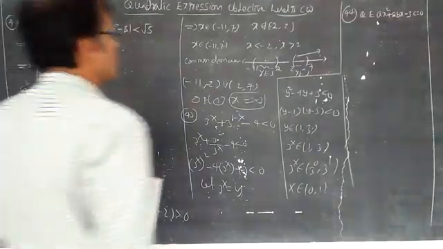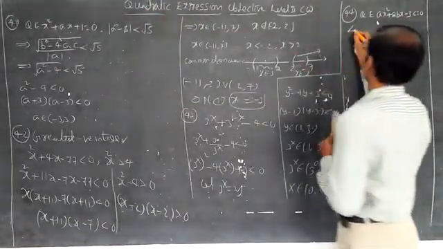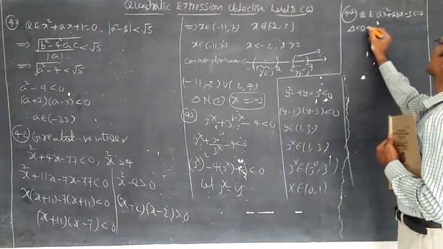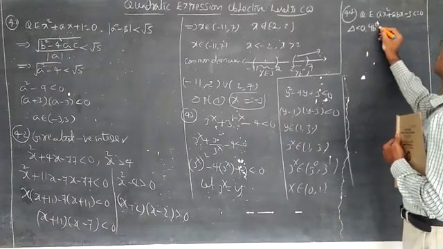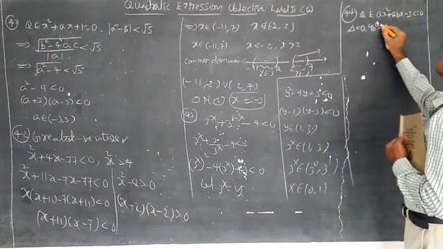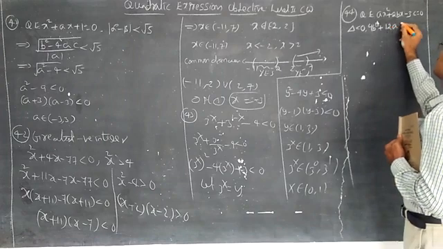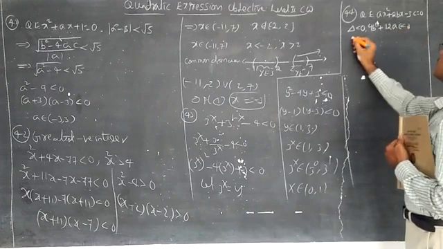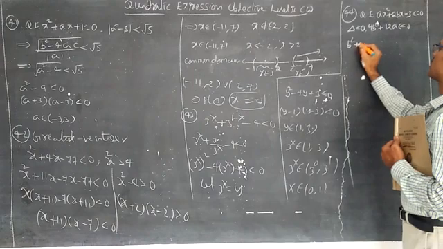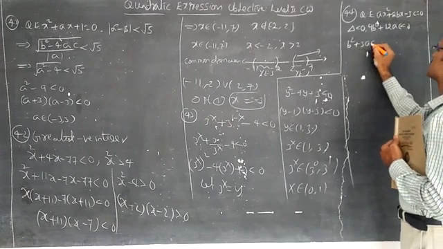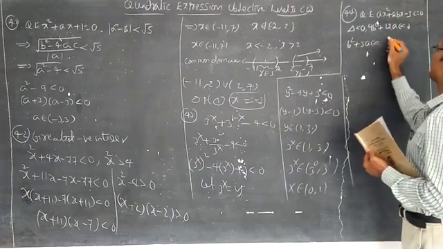So whenever delta less than 0, non-real roots, delta less than 0. So 4b square plus 12ac less than 0, that is b square plus 3ac less than 0.